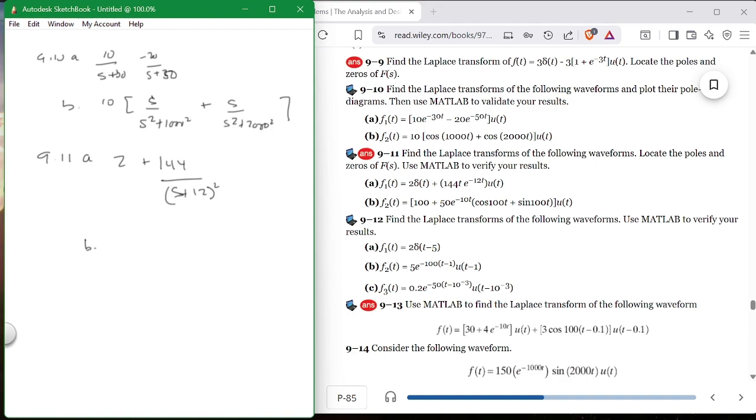So anyway, 11B. Still spread over s. Yes. Plus 50 something. What's 50? No, this is e to the minus 10t times cosine plus sine. What's e to the minus something cosine something?